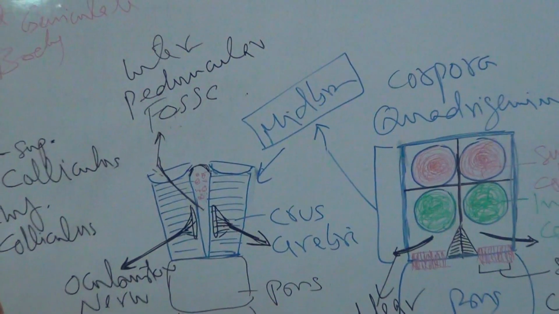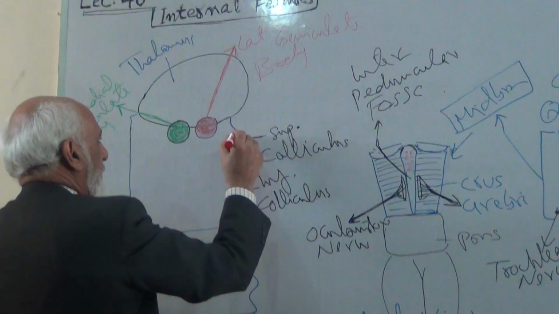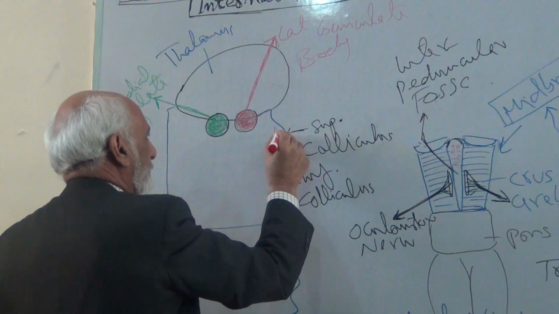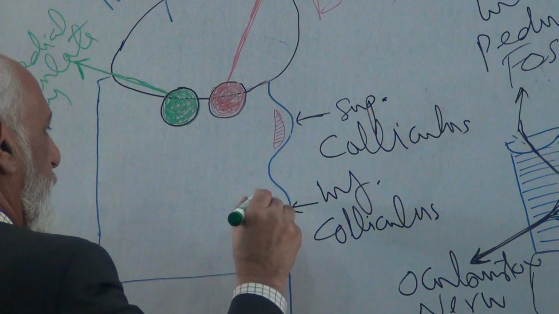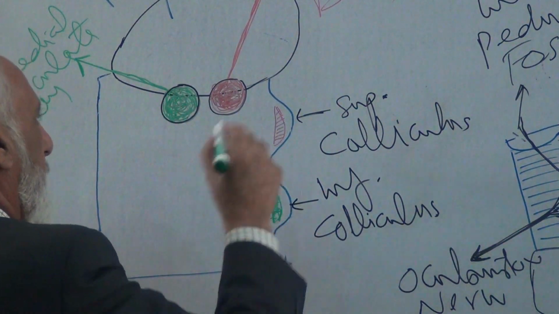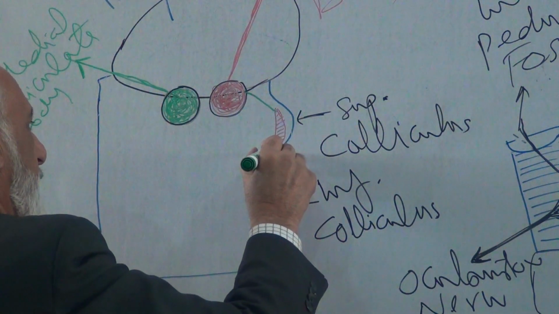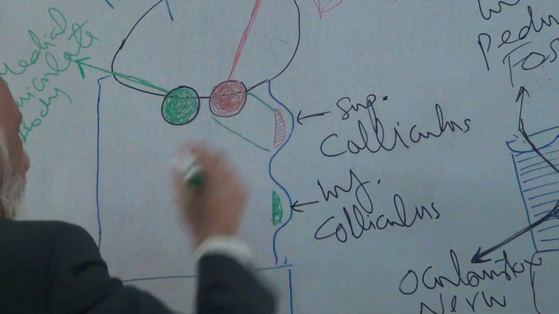Lateral view of the superior and inferior colliculi we can see, and deep to the superior colliculus is the nucleus of the superior colliculus. And deep to the inferior colliculus is the nucleus of inferior colliculus. Now from the superior colliculus, an elevation extends forwards and upwards.